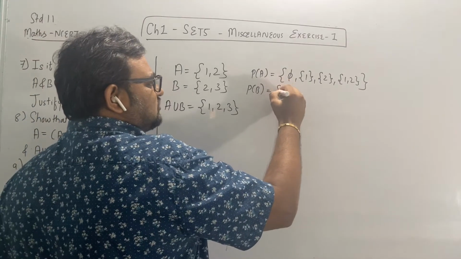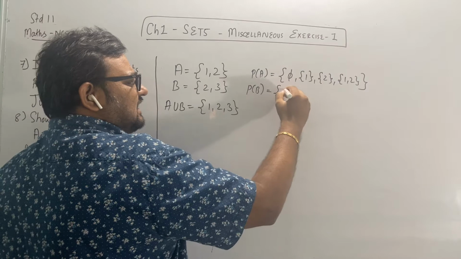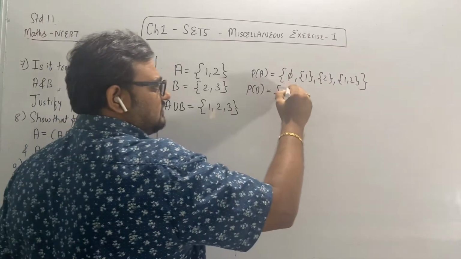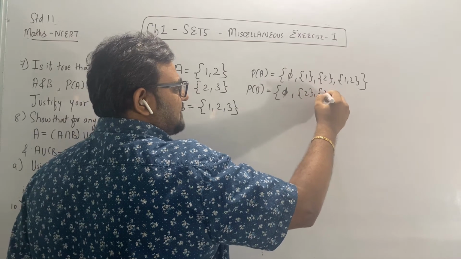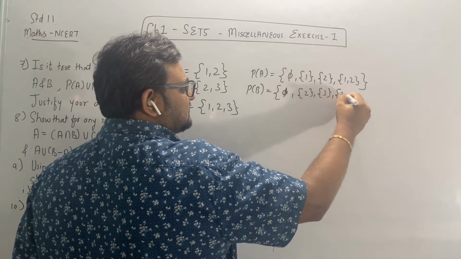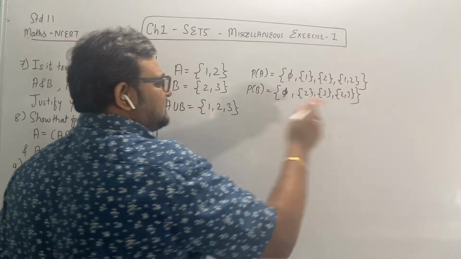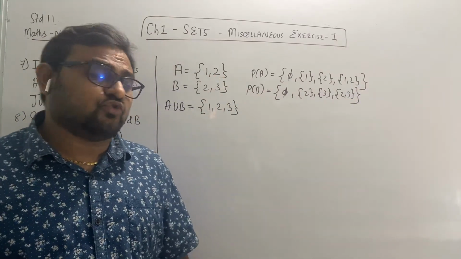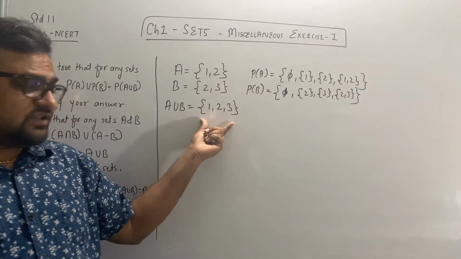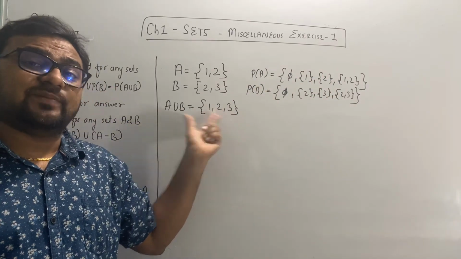Null set is a subset of every set, then {2}, {3}, and the set itself. Here there are two elements, so number of elements in power set is 2 raised to 2, that is 4. For A union B there are 3, so 2 raised to 3, it will be 8.